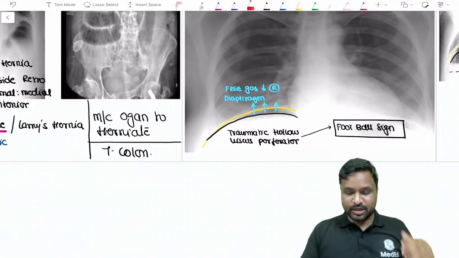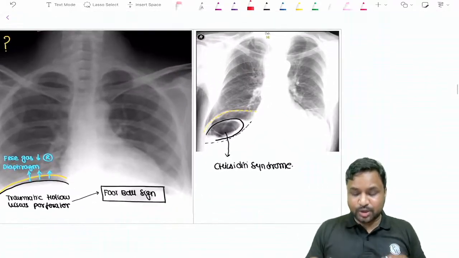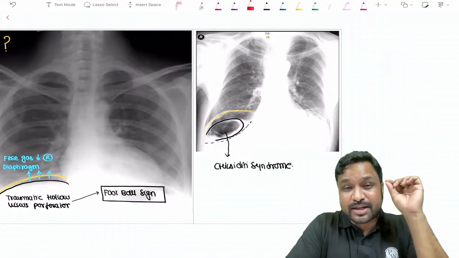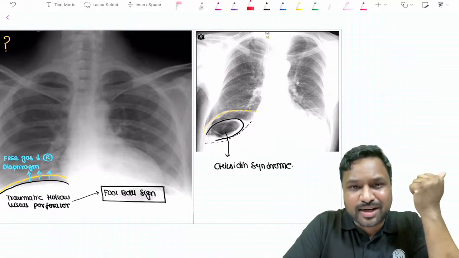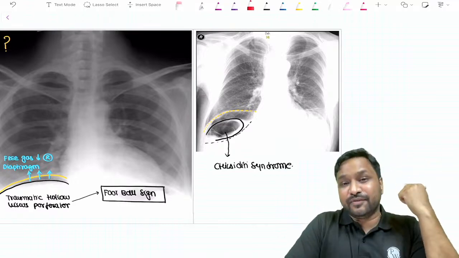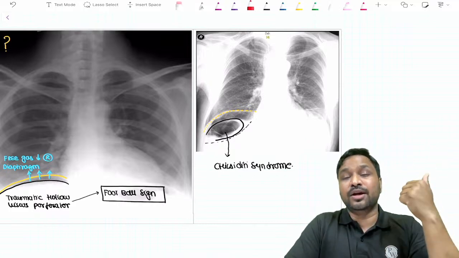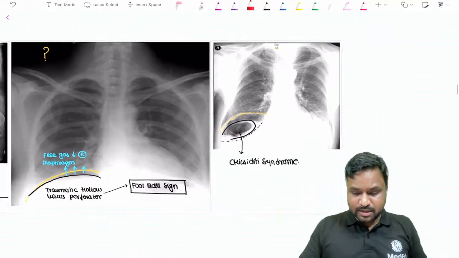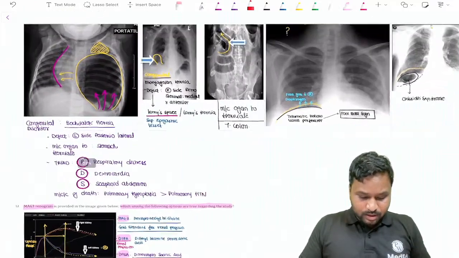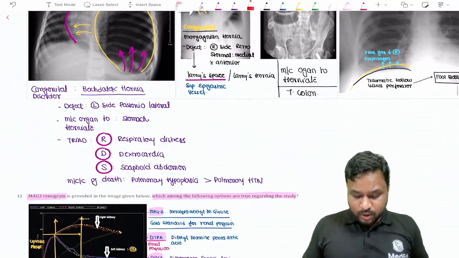Hollow viscus perforation. These are the GI images that they can ask you. If you see there is an air bubble that is trapped between the diaphragm and the liver, this is what we call the Chilaiditi syndrome or the Chilaiditi sign, which is a false sign for free gas under the diaphragm, right? So all this is going to be absolutely important.